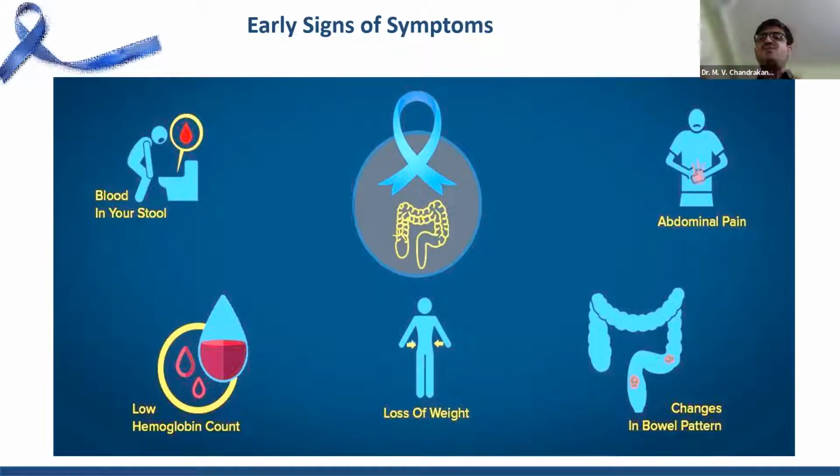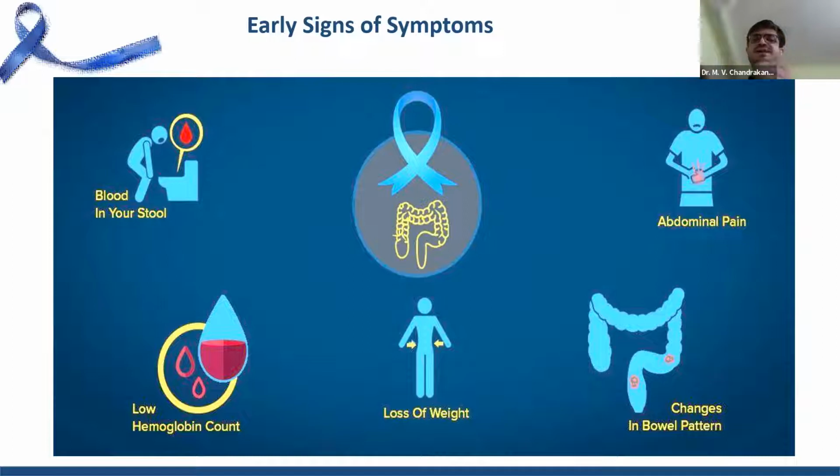So if an elderly gentleman has low hemoglobin and we are not able to identify the cause, it's an important risk factor. Number two, if there is a bleeding in the rectum, which is persisting. If you have a hard stool and you had a blood in stool for 1 day, that will not qualify for cancer. It should be persisting for at least a month or so.